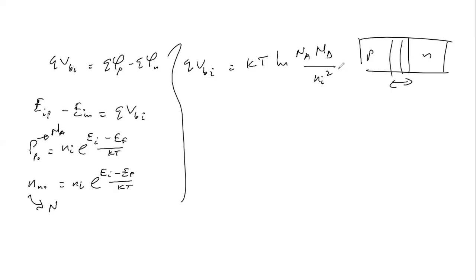Now, if that gives us the built-in potential, then we should be able to work out some other parameters and check out what happens in the forward bias and in the reverse bias condition.